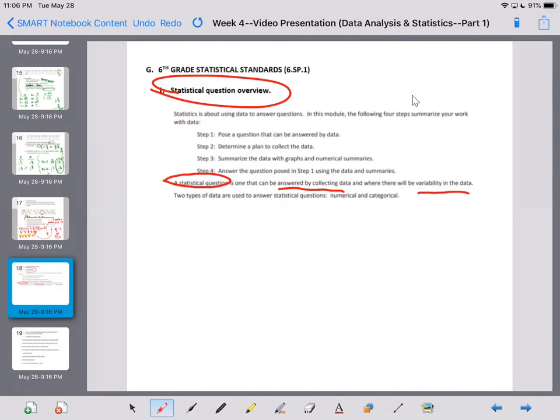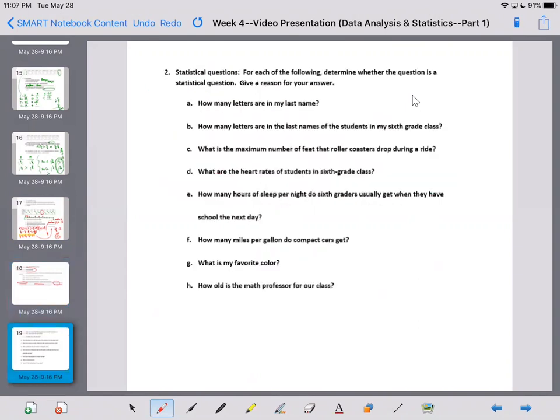But a very good statistical question is right here in that idea that it creates variability, more than one answer. So looking at some examples here. We want to determine which question could be a good statistical question. How many letters are in my last name?